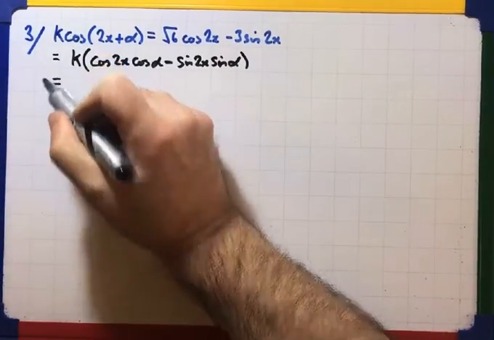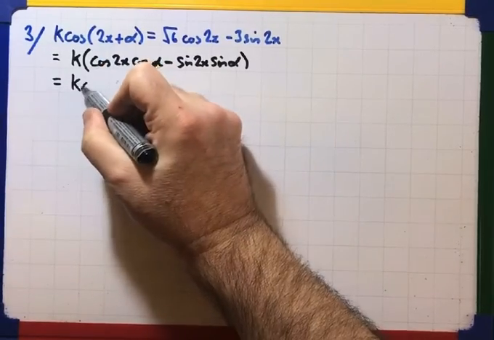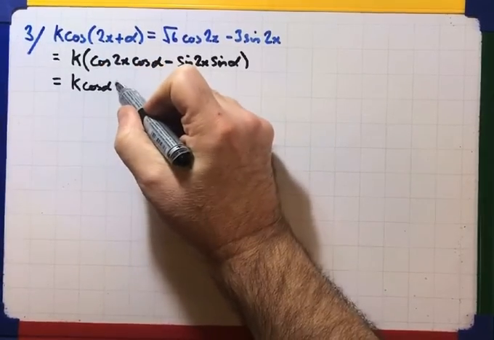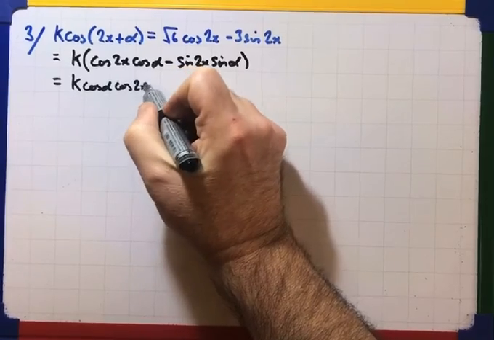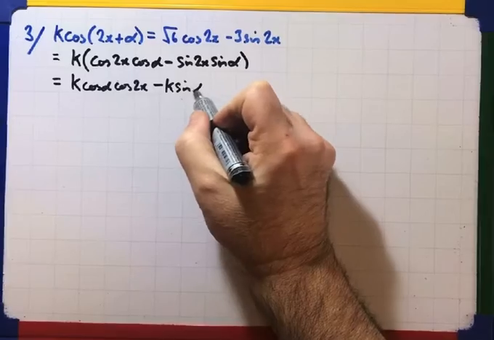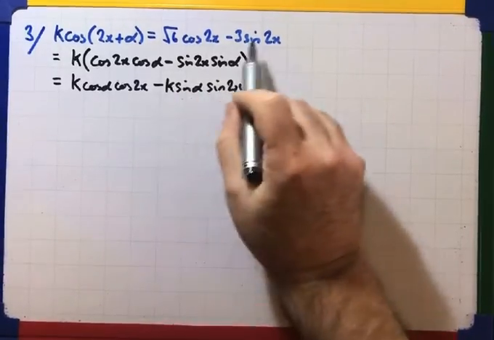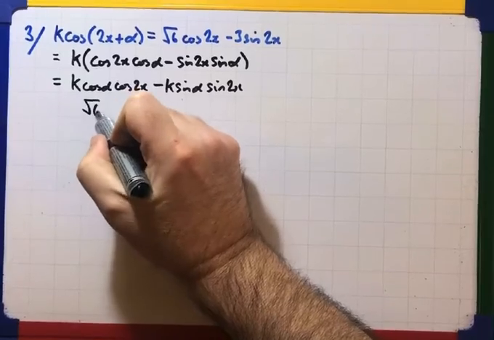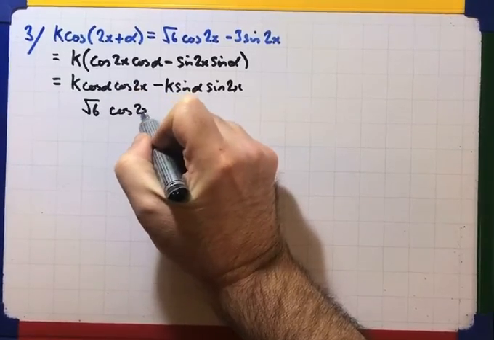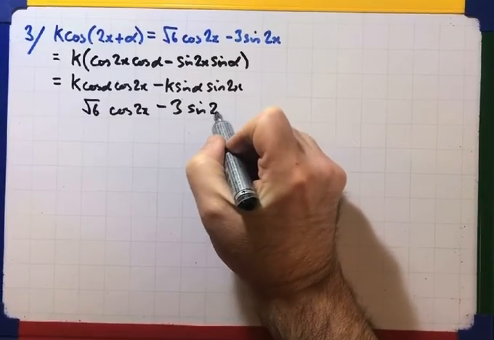Bring in the constants to the front. You've got k cos alpha cos 2x minus k sine alpha sine 2x, and you're comparing it to this thing, so root 6 cos 2x minus 3 sine 2x.